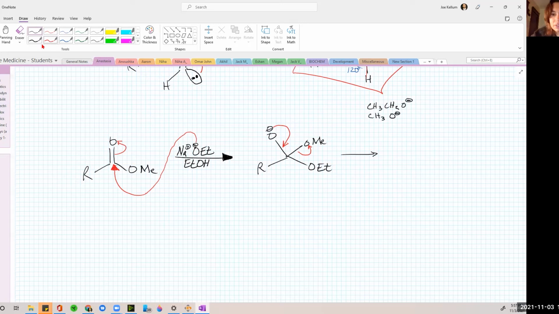Yeah, and so you're right about half the time, because those are about equivalent when it comes to pKa and stuff. In reality, for the same reason I was talking about earlier with the water versus the alcohol being deprotonated, the OME is going to be a little bit more acidic than the OET, just because ET has an ethyl group attached.